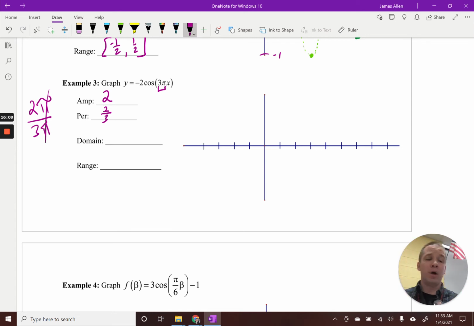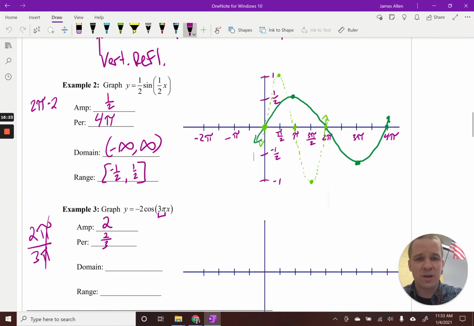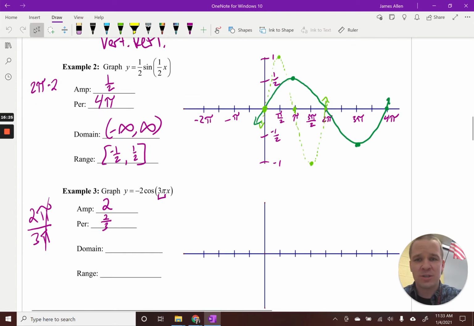So now we need to scale this thing out. Now I'm going to go with a different approach as opposed to the last one, because the last one played out very nicely in showing the horizontal stretch that occurred. So I wanted to take that opportunity to do that. Well, now let's think about this. I section these things off into, really, look at our previous one. We really have like 4 sections going on, right? We've got this section here, 1, 2, 3, and 4.